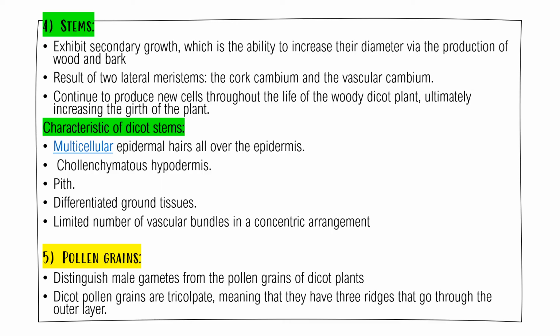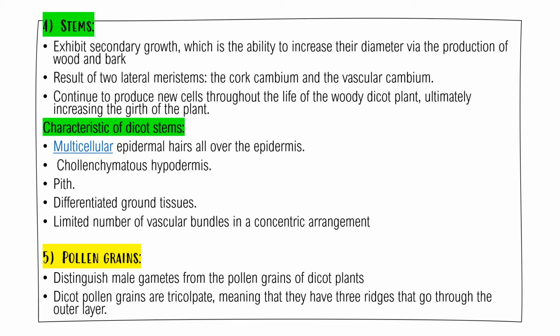Fourth is differentiated ground tissues. And a limited number of vascular bundles in a concentric arrangement. The vascular bundles are typically limited to numbers of 4 or 8 and arranged near the perimeter of the stem in one or two rings.